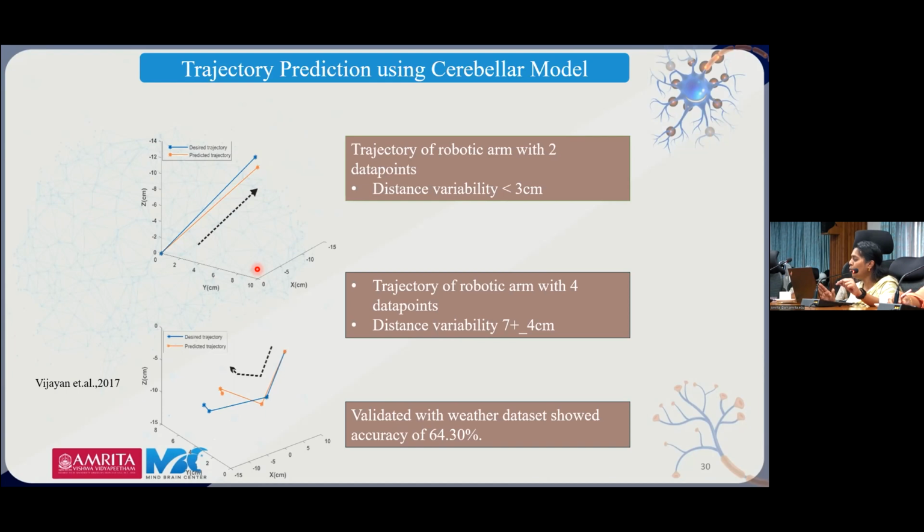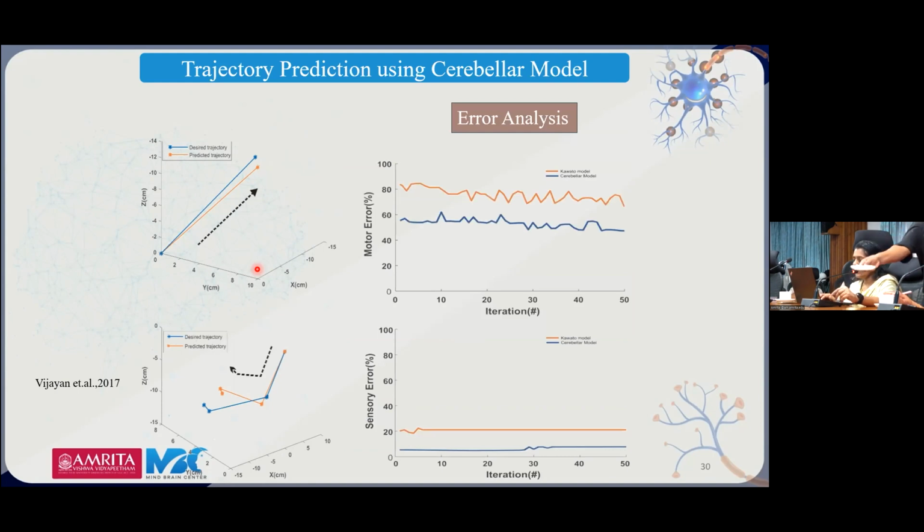We could move to a 2 data point with a variability of less than 3 centimeters, and for a 4-pointer, it was 7 plus or minus 4 centimeters. And the error was also reducing with the number of iterations. This is shown only up to 50, and it was an easy task at that time.